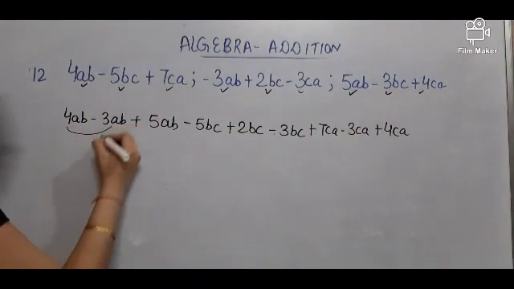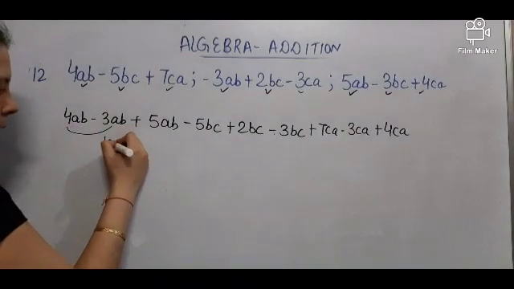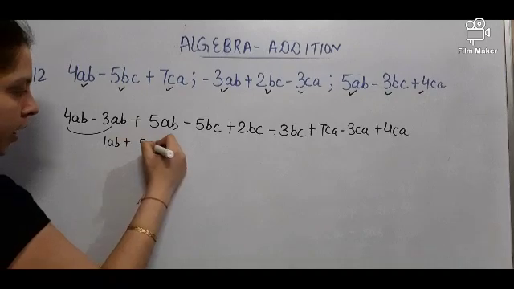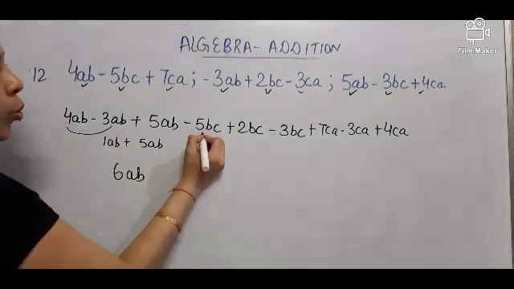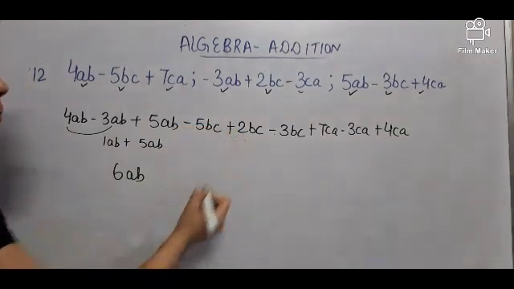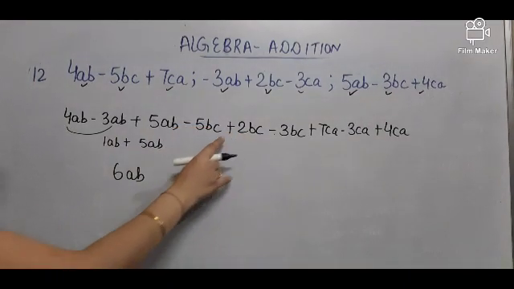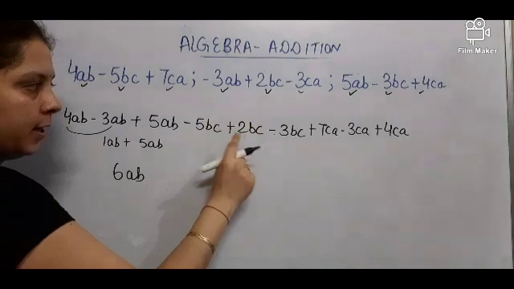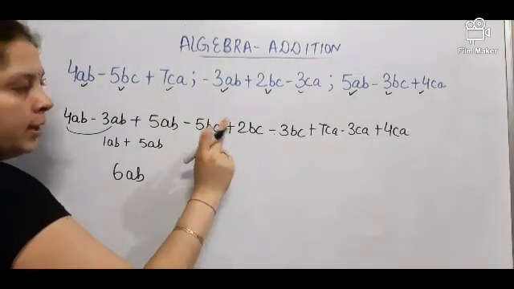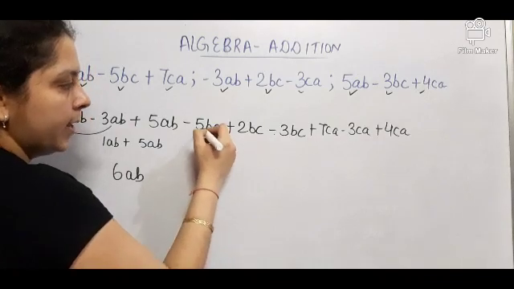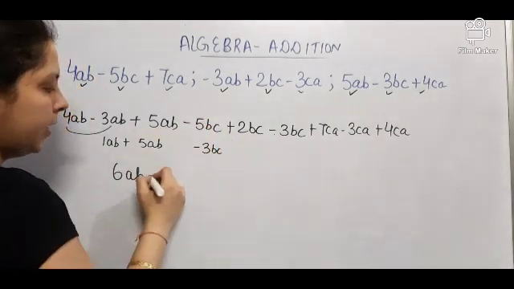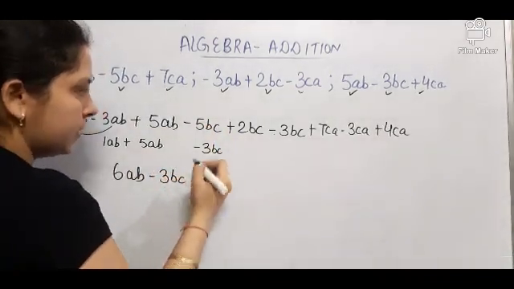So yes, 4 minus 3 is 1, 1ab plus 5ab, that means 6ab. Now negative 5bc plus 2bc. So one positive and one negative gives you a negative result. So 5 minus 2 is 3bc, and as 5 is preceded by negative sign, so minus 3bc.